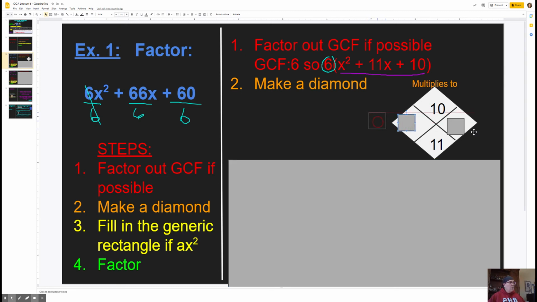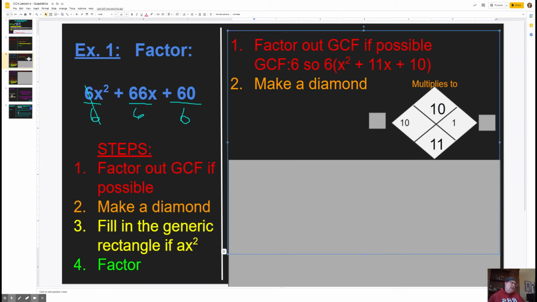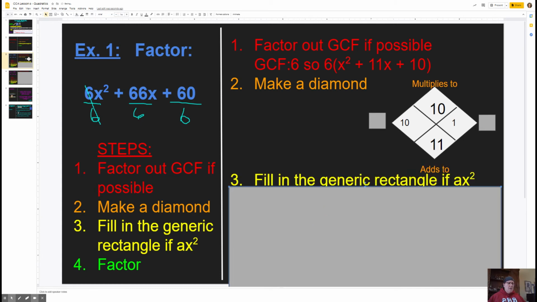So on your paper, what I want you to do is draw that diamond problem and put your 10 and your 1 there. We're going to end up with this one, because once you factor out that 6, in this case, that coefficient became that imaginary 1. So all you're going to do from here is write that factored expression, because we don't need to do the generic rectangle.